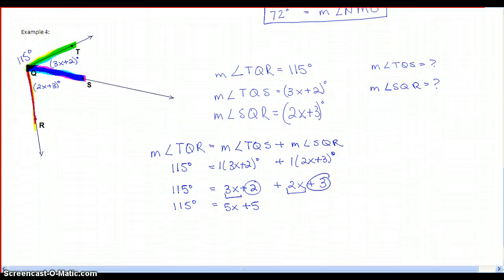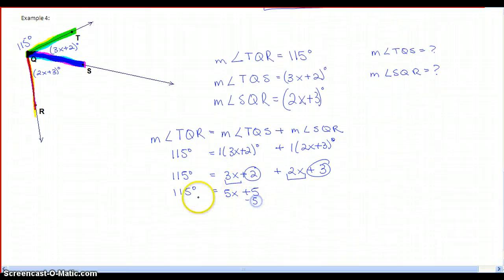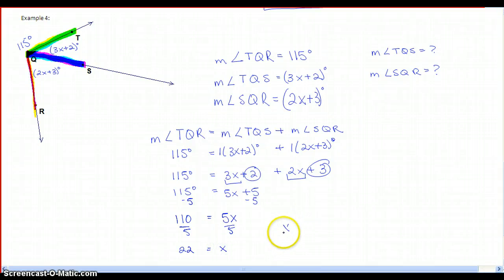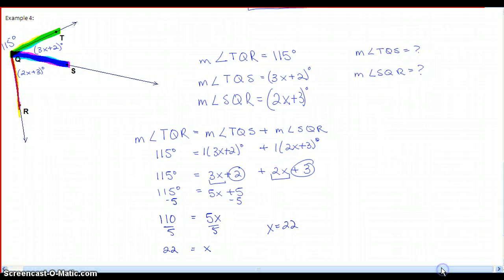We're going to subtract 5 from both sides, so I get 110 equals 5x, and we're going to divide by 5. If you divide 110 by 5, you get 22 equals x. So x equals 22, but that's not the question that we were asked. We were asked what are the angle measures.